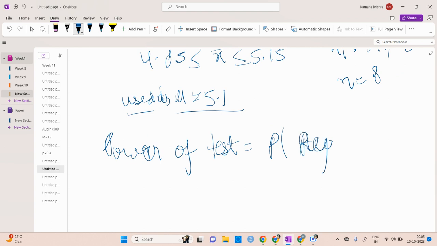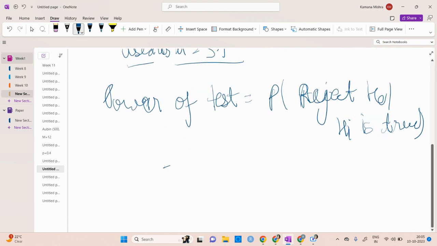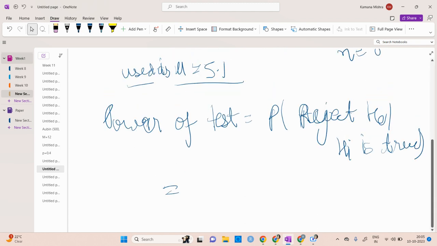It is the probability of rejecting H naught when H1 is true. Rejecting H naught means accepting H1, when H1 is true. So this is power: if its probability is greater, then the test is more powerful.